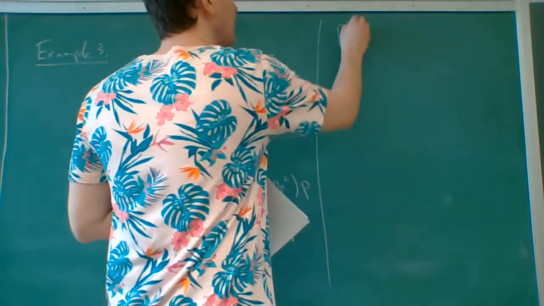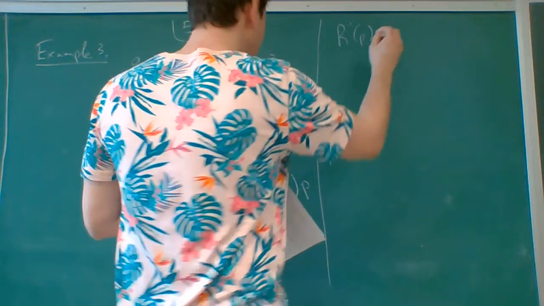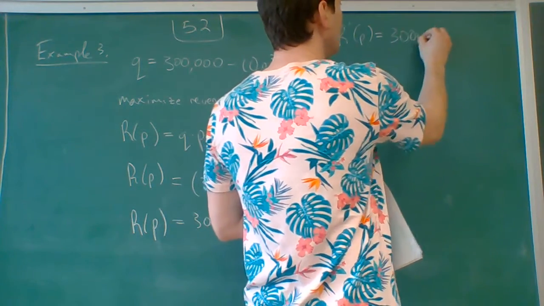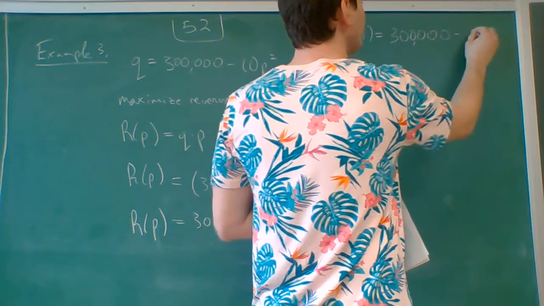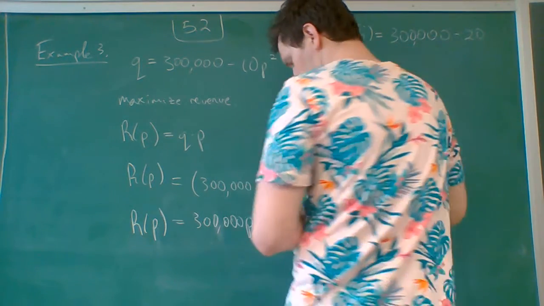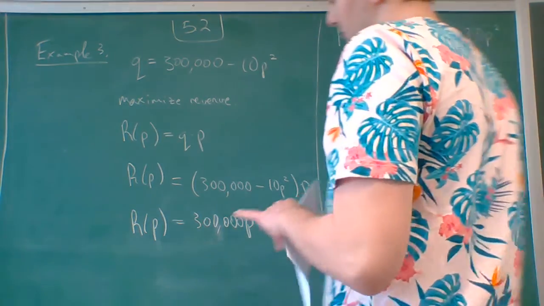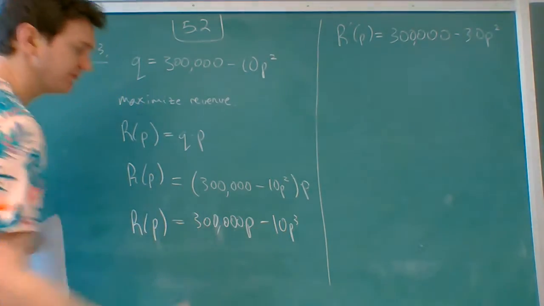So R prime of P is going to be 300,000 minus 30P squared. This is by the power rule, just taking the derivative of this function.